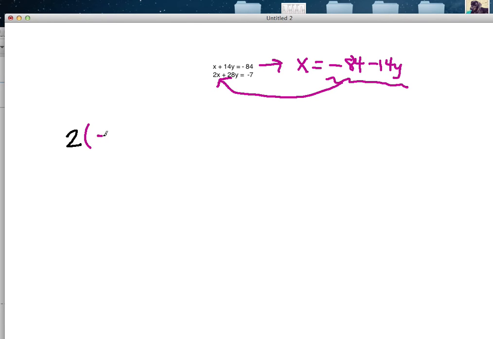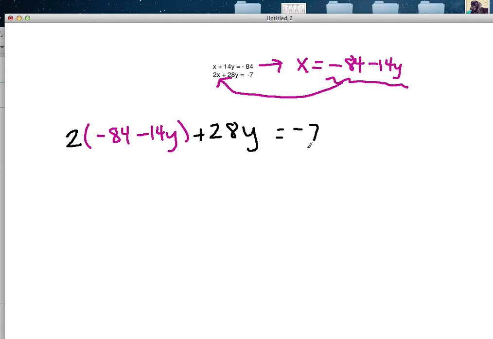So I'm going to write 2 times (-84 minus 14y). All I did is substitute in my new value for x because we know that x is equal to that, plus 28y is equal to -7.